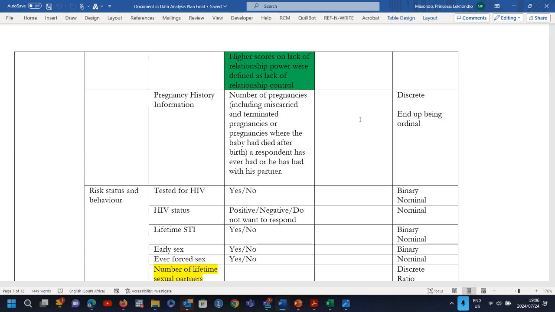They're giving you a number, which is discrete, but because the possible numbers are not that wide for this group, you end up having a limited number of responses such that you can group them. Even though when it was asked it was discrete, when you look at the responses, you will deal with it as categories: 0, 1, 2, and maybe 3 and above as the last category. I hope it makes sense.